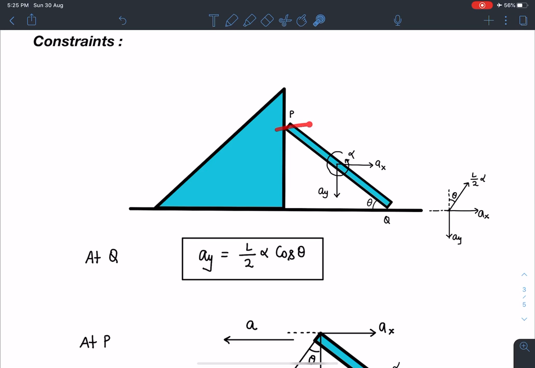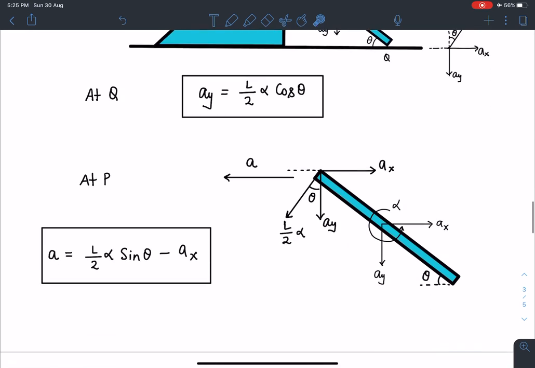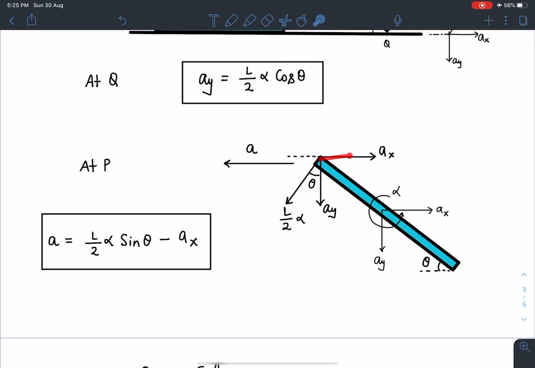Similarly, at point P, you can see it's AX in horizontal direction, AY this side, and due to rotation, L by 2 alpha perpendicular to the rod in this direction. Now, this point is in contact with the wedge. So I can say velocity of this point on the rod and velocity of this point on the wedge will be same as long as this contact is maintained.